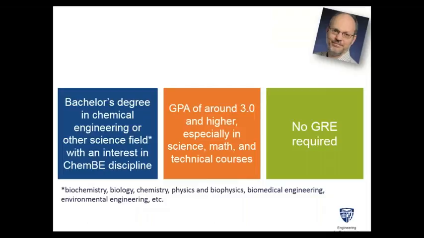So that's certainly a large part of our core as well, continues to be part of our core, but more and more now we see up to as much as 50% in some classes will come from other engineering or especially science disciplines: biochemistry, biology, chemistry, physics, biophysics, environmental engineering, biomedical. That's just a few of the fields that students feed into.